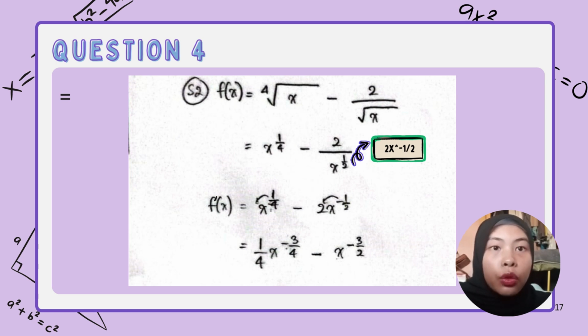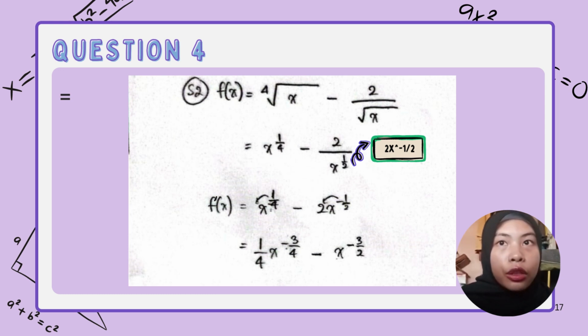And now from the square root, we need to change it to the power. So x^(1/4) - 2/x^(1/2). After that, we will find the derivative function f'(x). So f(x) is equal to x^(1/4) - 2x^(-1/2).